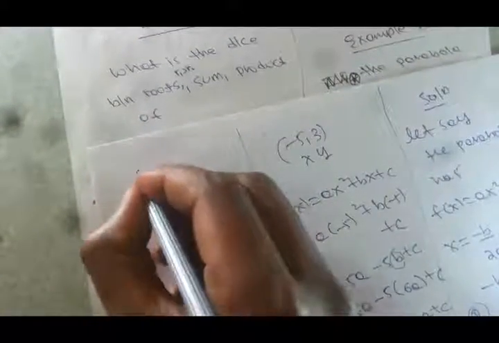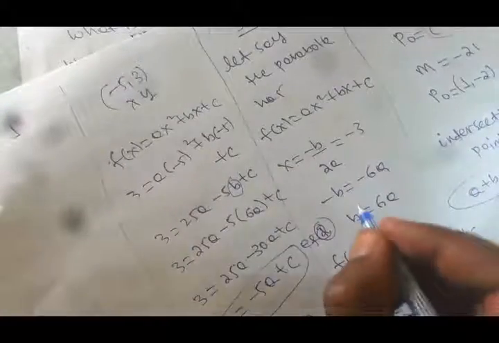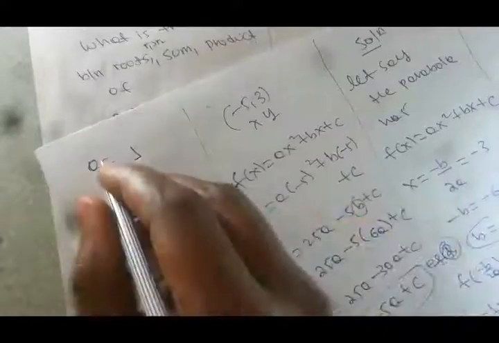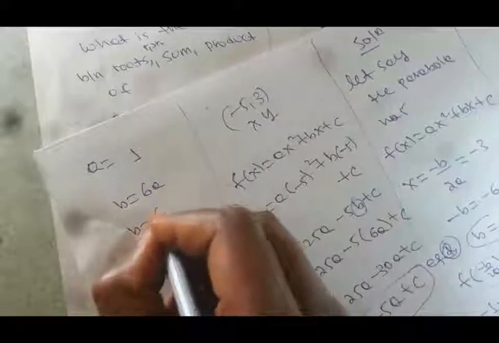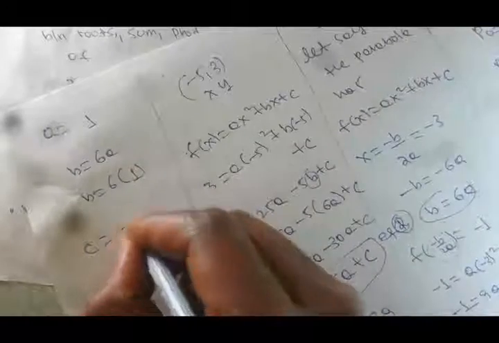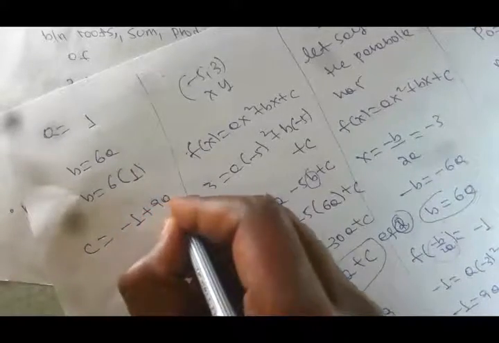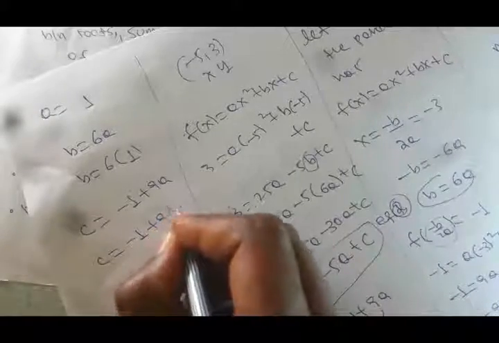So we already get the value of a is equal to 1, and we know that b is 6 times a. Therefore, b is equal to 6 times the value of a, which is 1, so b is 6. And c is given by minus 1 plus 9 times a. Therefore, c is equal to minus 1 plus 9 times 1.